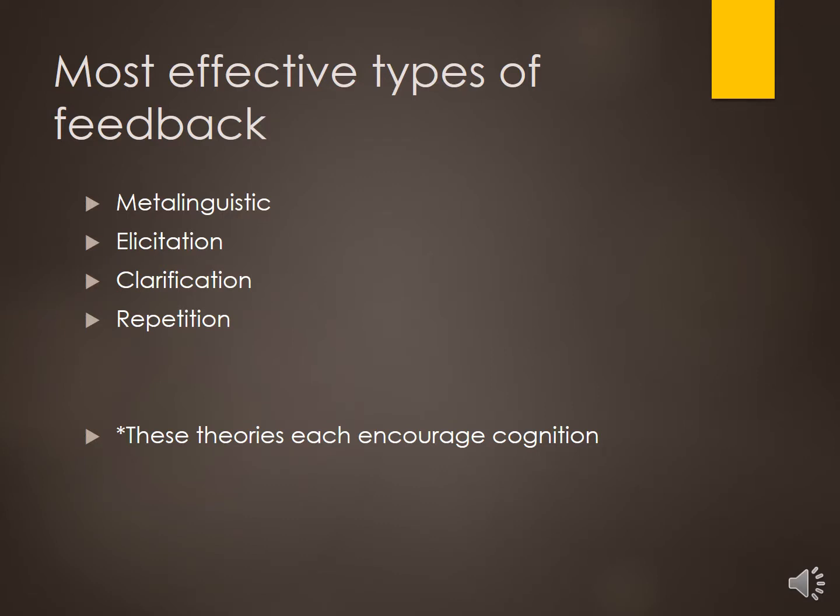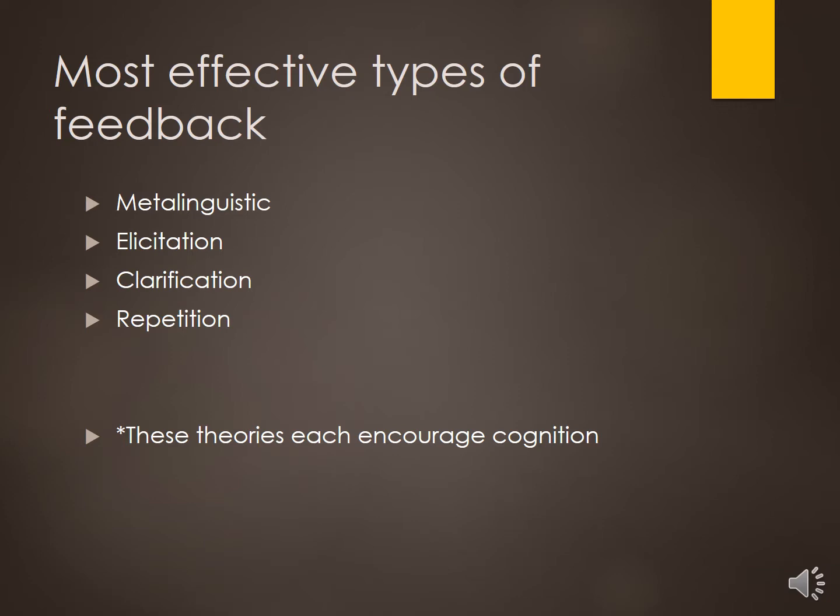All right, so the most effective types of feedback, metalinguistic and elicitation, they're all about getting them to think about it. Okay, we're trying to encourage that self-correction process to start rolling. As well as clarification and repetition, but you can see an order of self-correction go downward.